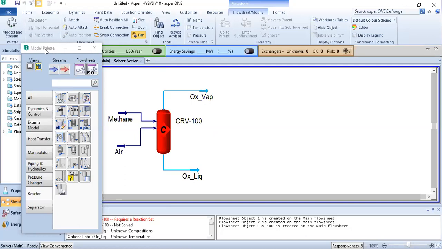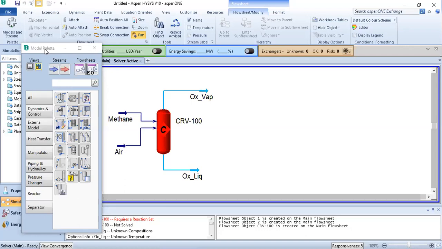Had it been the flash drum, then whatever you have defined at that particular condition, it will separate the vapor and liquid. But since it is not a separator, it is a reactor, it will ask for further information about the reaction. So go to the reaction tab and see the reaction set.